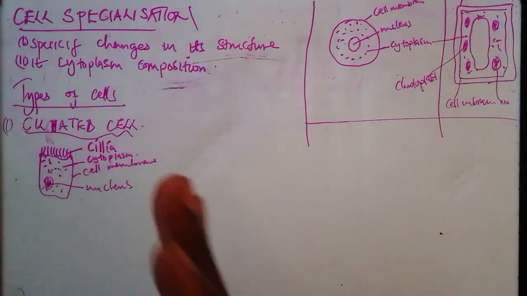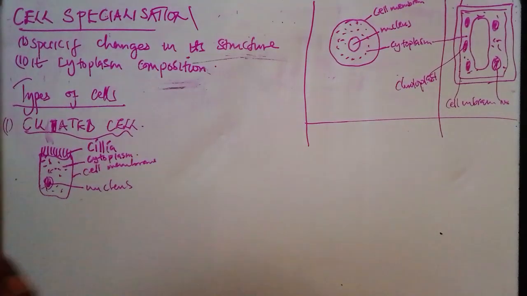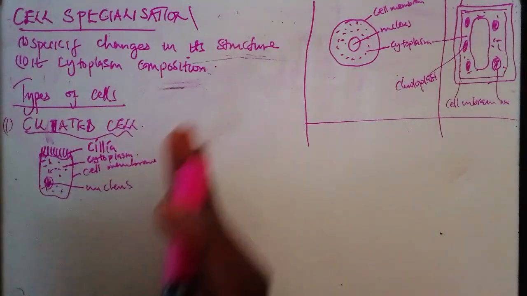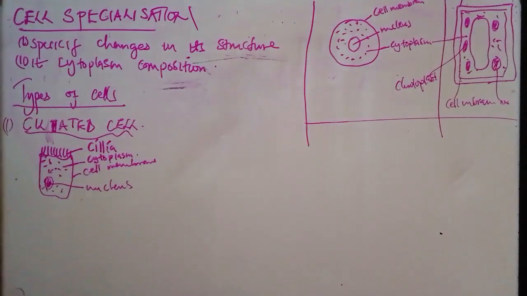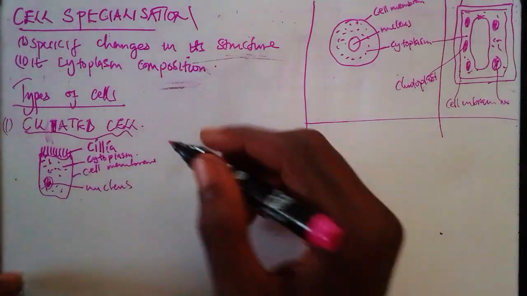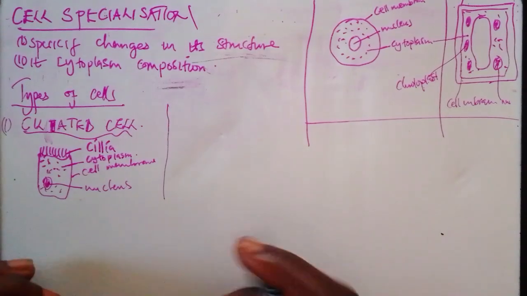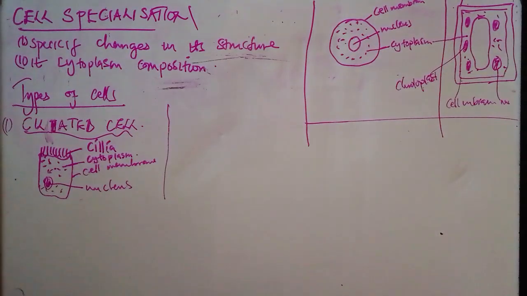So now that we have understood the change which has been added to this cell, we are going to look at where it is found and the function. So where is the ciliated cell found?